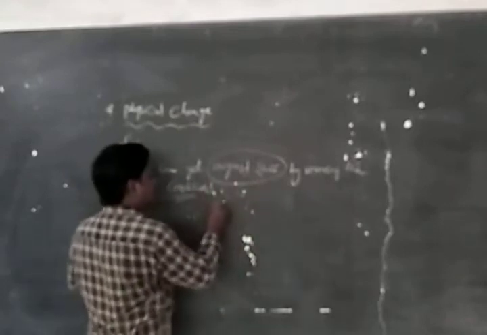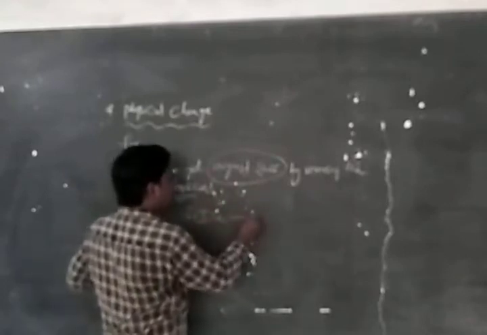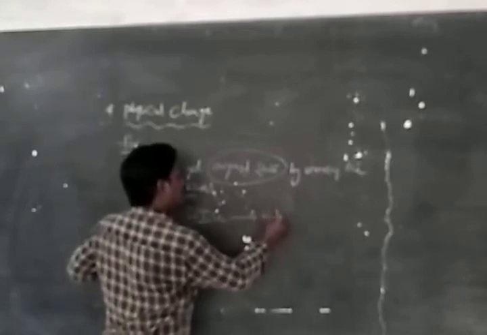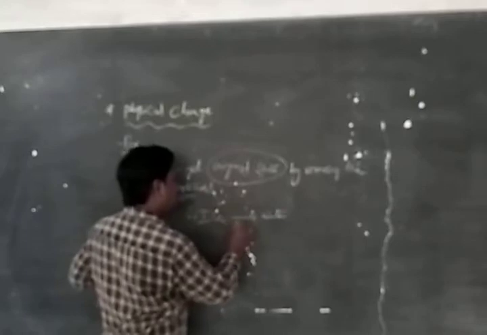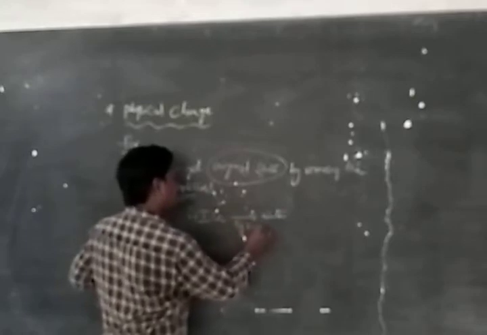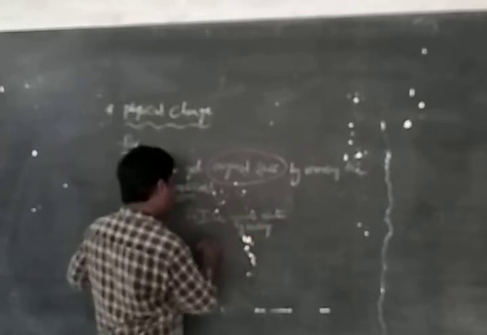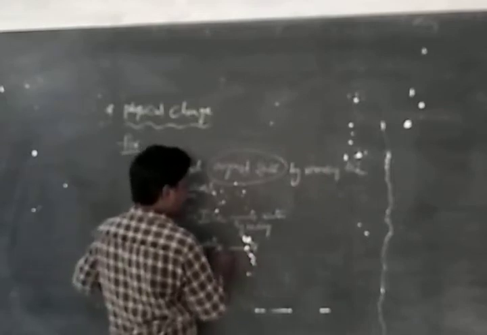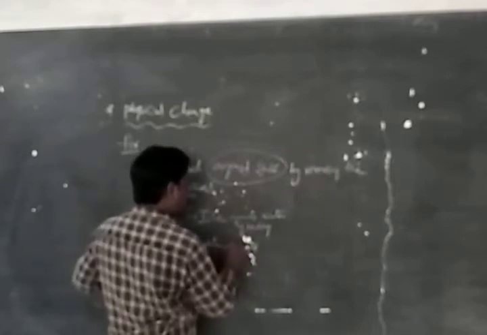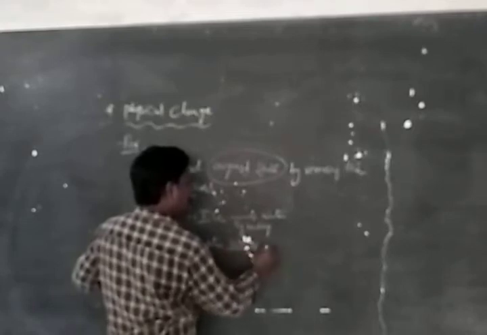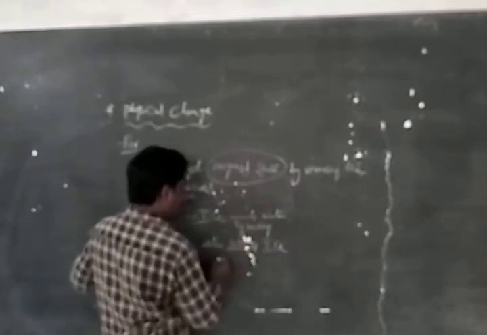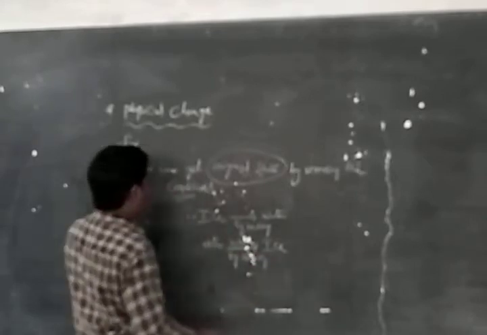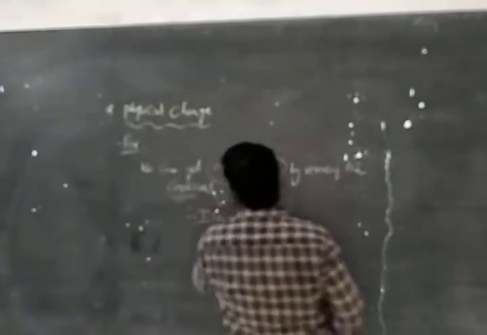Original state means ice turns into water again by heating, and water turns into ice by cooling. So we can get the original state by reversing the conditions.